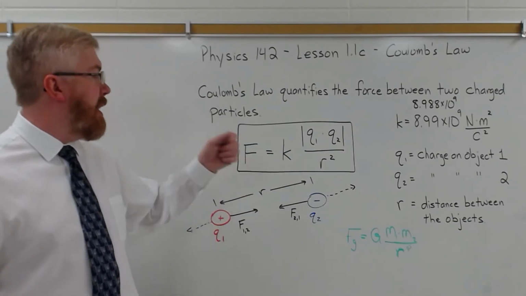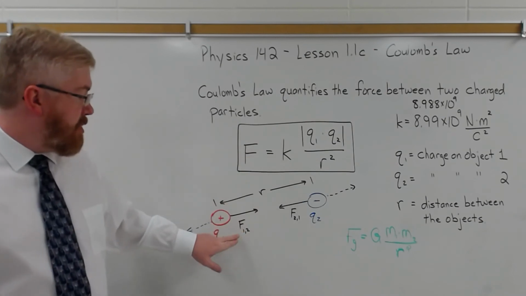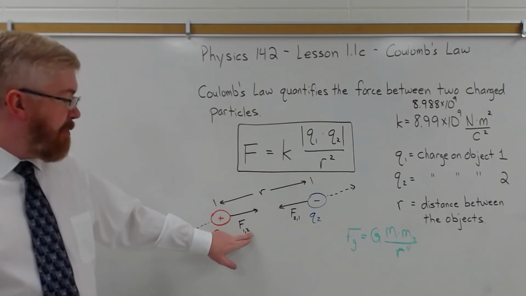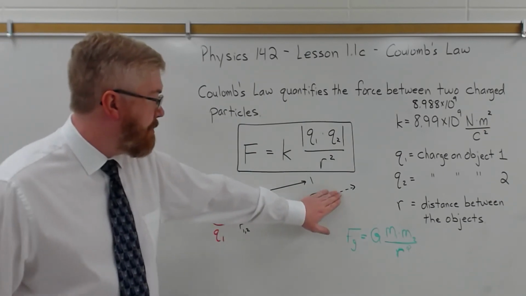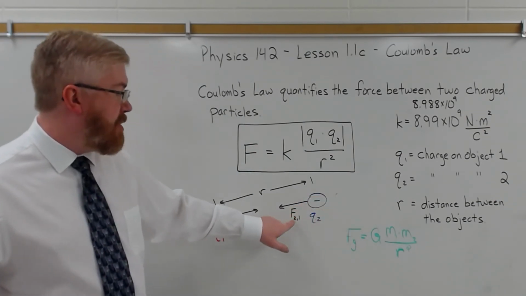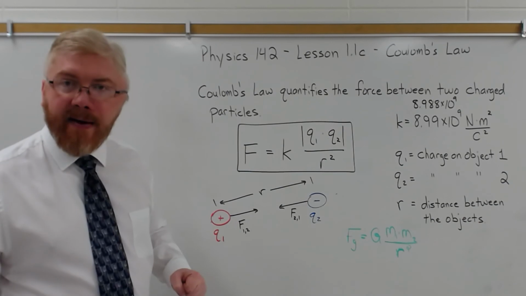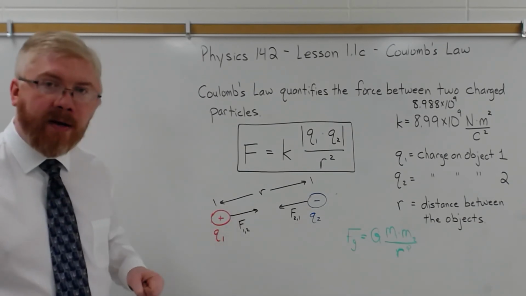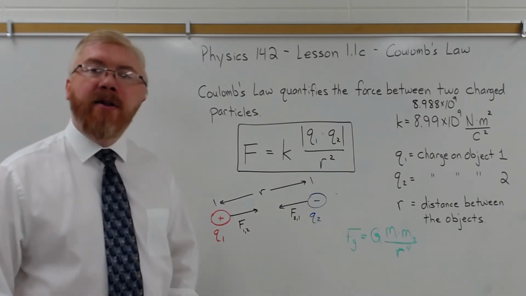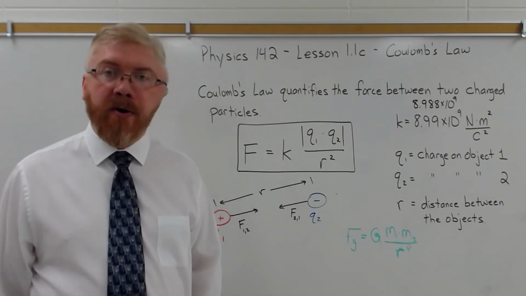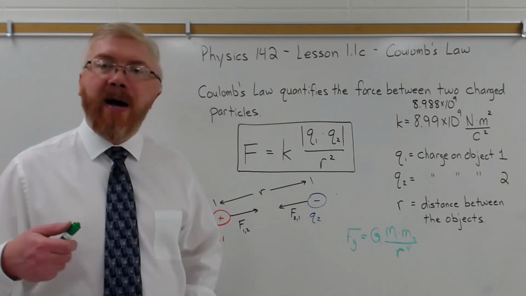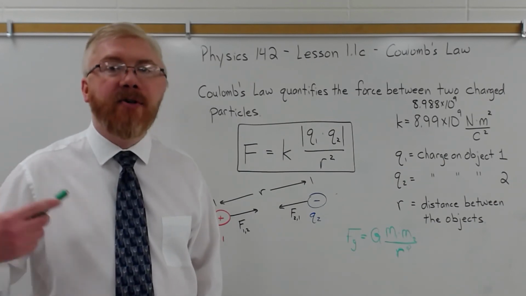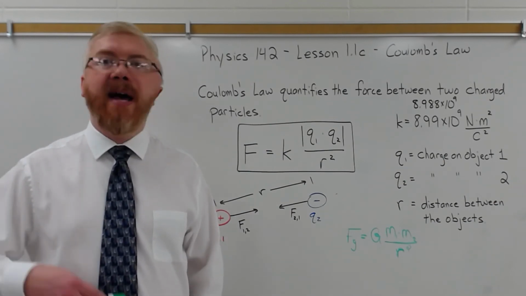Now, calculating Coulomb's law, the force on particle 1 from particle 2 is up and to the right in this example, because these are opposite charges. The force on object 2 from object 1 is down and to the left, towards object 1. If you added a third charged particle, you would need to calculate the force on object 1 from each of the charges. So say I have 5 particles.